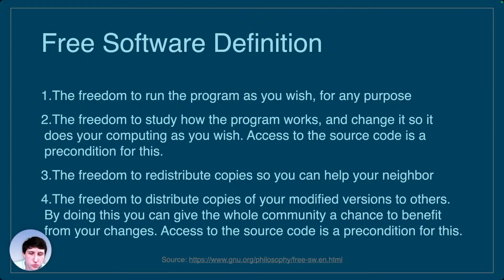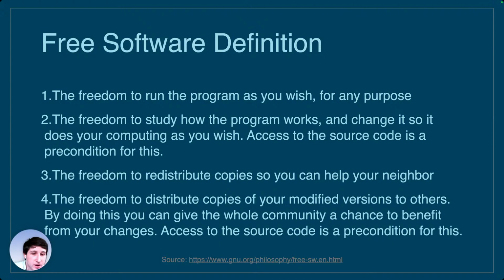Number three, the freedom to redistribute copies so you can help your neighbor. What they mean by that is that you can make a copy of the code or a copy of the binary. So if I obtained a copy of the software, it's not just a copy that I have, but it's a copy that I can make a copy of and then give to somebody else. And then number four, the freedom to distribute copies of your modified versions to others.